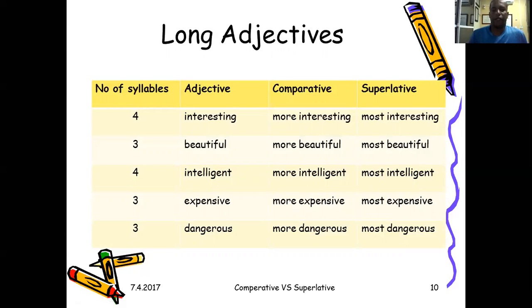More than two syllables, for example, interesting, more interesting, the most interesting. More beautiful, the most beautiful. Intelligent, more intelligent, the most intelligent. Expensive, more expensive, the most expensive. Dangerous, more dangerous, the most dangerous.